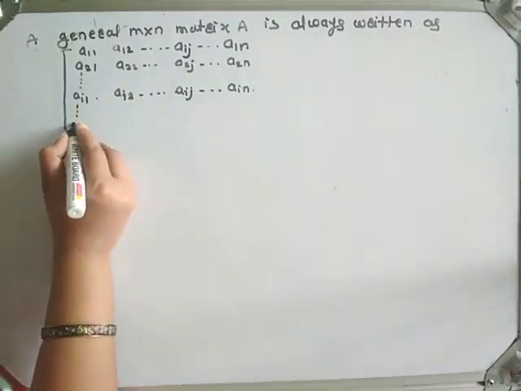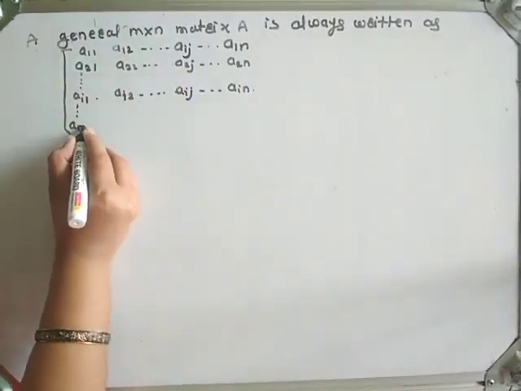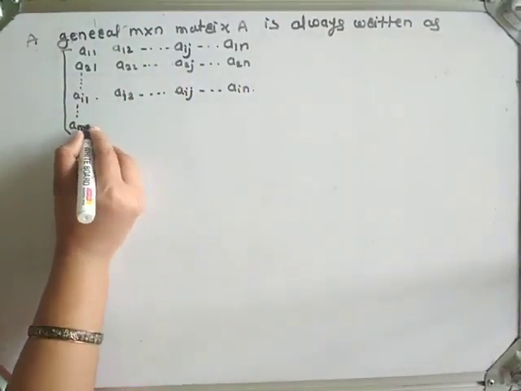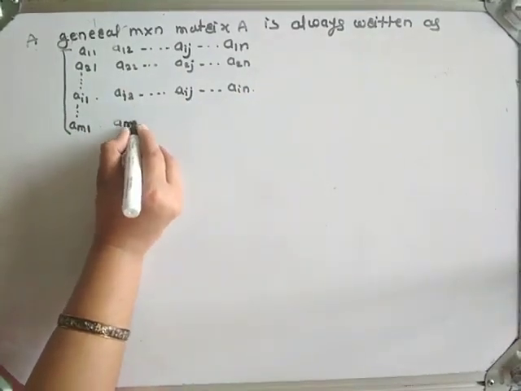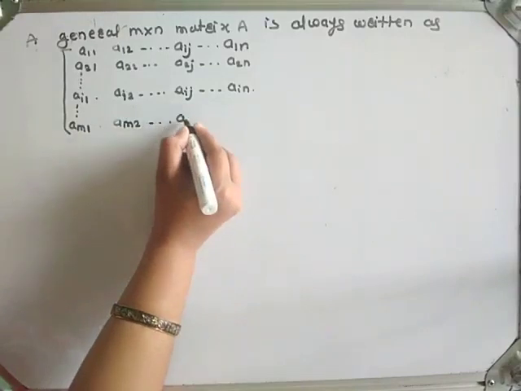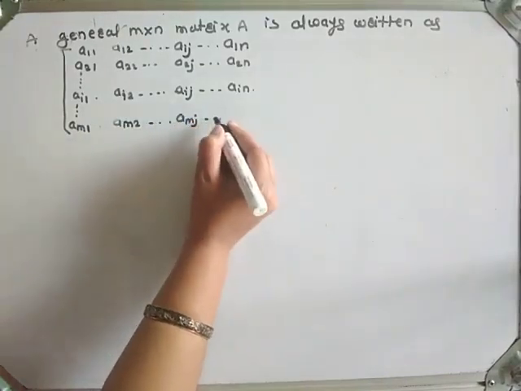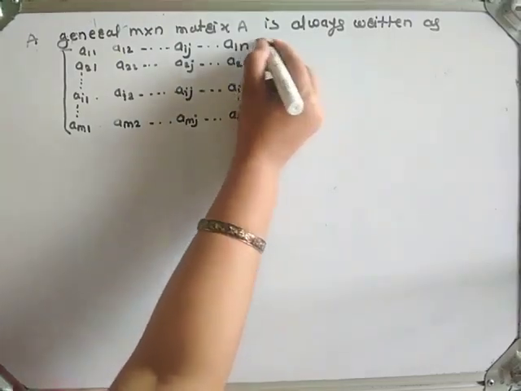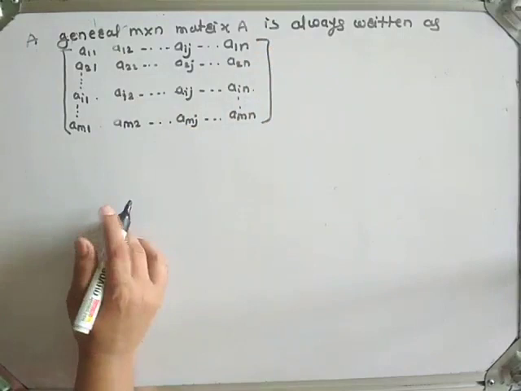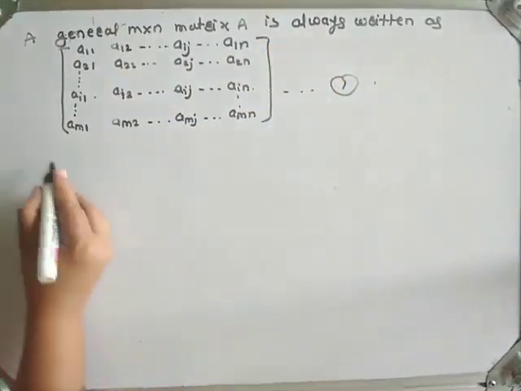And the last row is am1, am2 and so on up to amj and so on up to amn. This is a general matrix. Suppose we call this equation number 1.